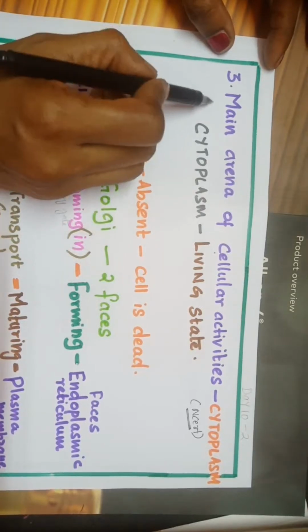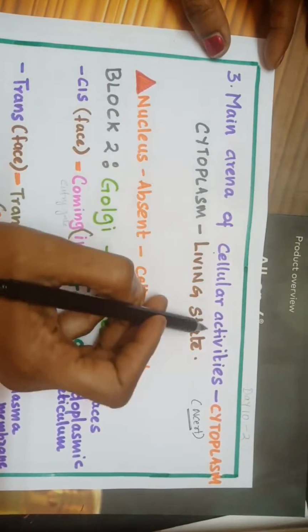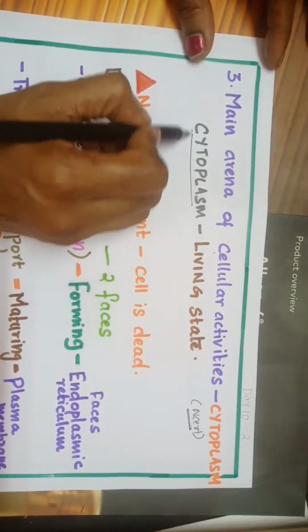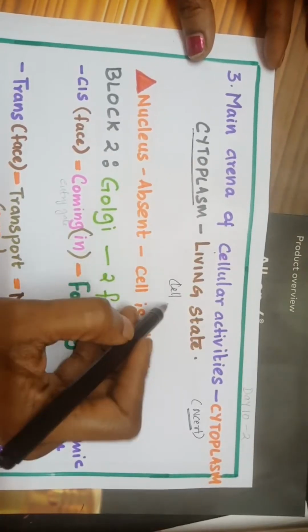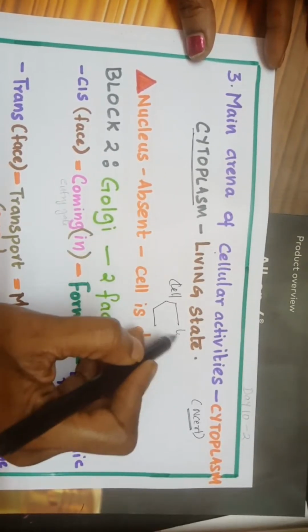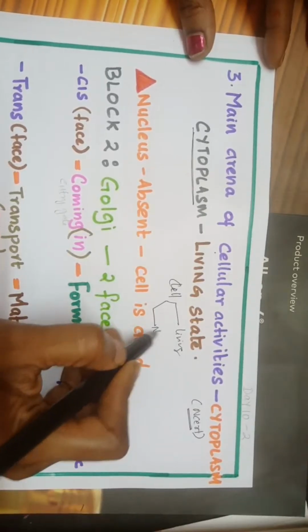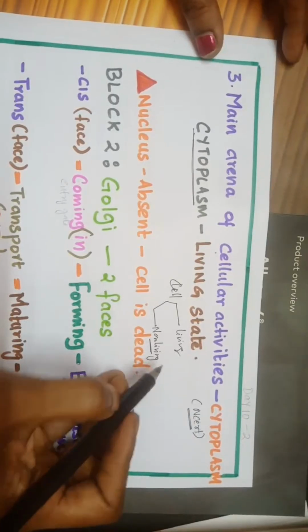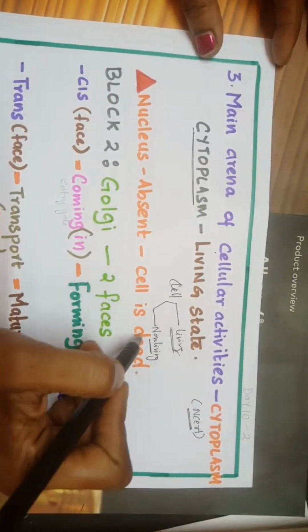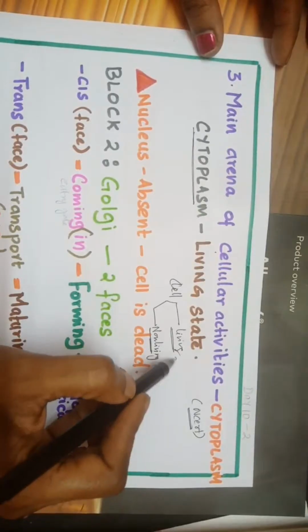Next, the main arena of cellular activities: the cytoplasm. Cytoplasm is important. See, you have a cell. You consider it as living and non-living. Now NEET will test you. When do you say it is living? When do you say it is non-living?